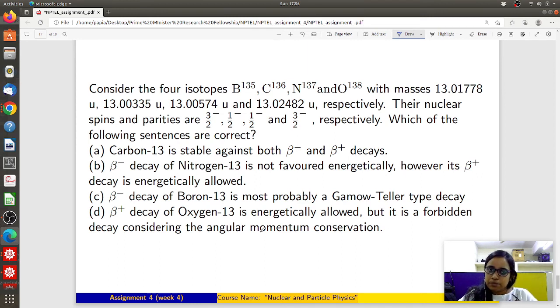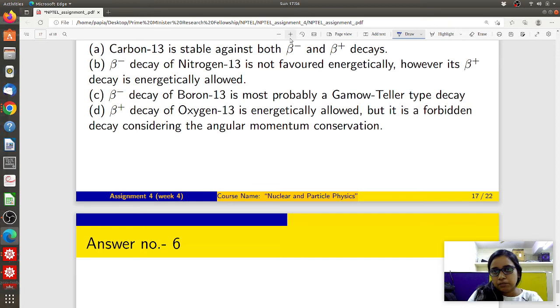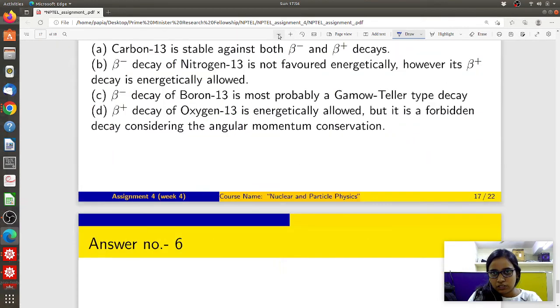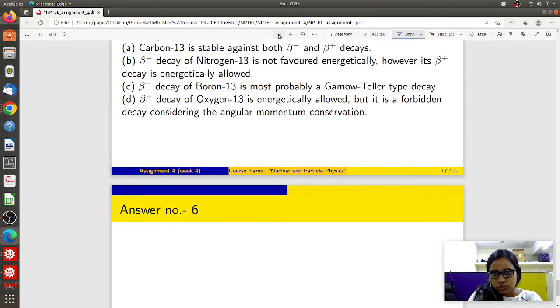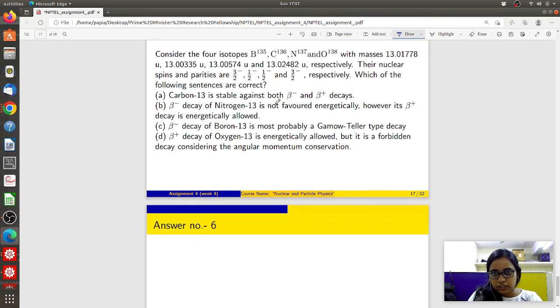Their nuclear spins and parities are 3/2 minus, 1/2 minus, 1/2 minus and 3/2 minus respectively. Which of the following sentences are correct? So for that I will do a similar thing. At first I have to zoom in a little bit so that I can write all the data here on the next page.